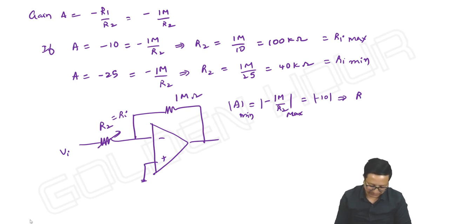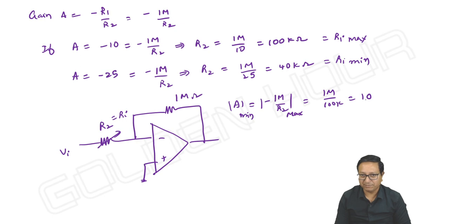So you are getting that. Magnitude I am writing. Okay, minimum gain magnitude.